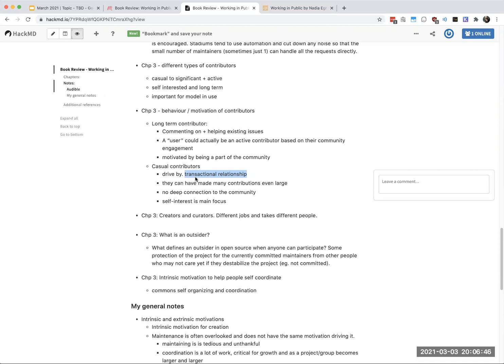And if we call this a spectrum and not just black and white or on and off, then these casual contributors are on the far low end of trying to interact with the community. At some level, they're over that direction. And long-term contributors, whether that's people making code changes, documentation changes, or end users that are interacting, are on the other side.